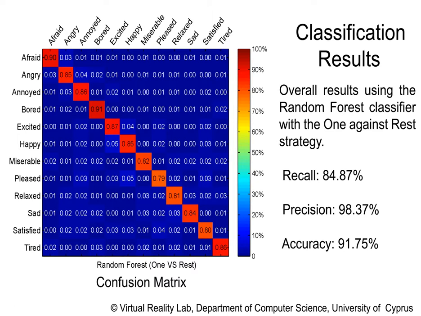Using the random forest classifier with the one-against-rest strategy, we have achieved almost 92% classification accuracy, where recall was almost 85% and precision 98%.